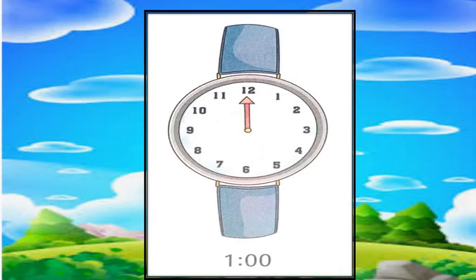Leave some space between two numbers. Now draw the long hand at 12. You have to draw this long hand from the middle. Write numbers 3 and 9 on the same point.